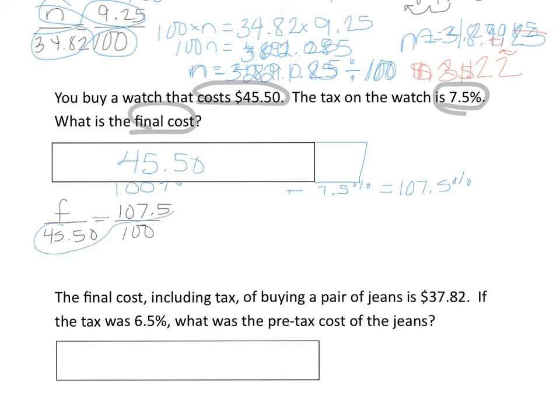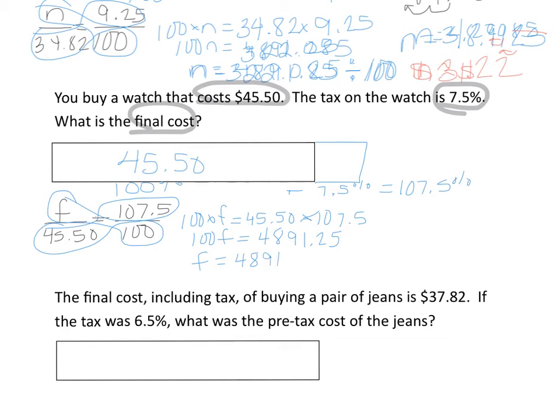We cross multiply as we normally have been. And we know we're going to have to round because we get that the final cost is $48.9125, which doesn't make any sense.